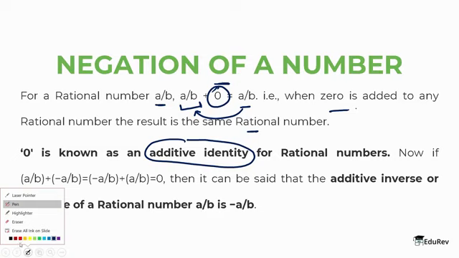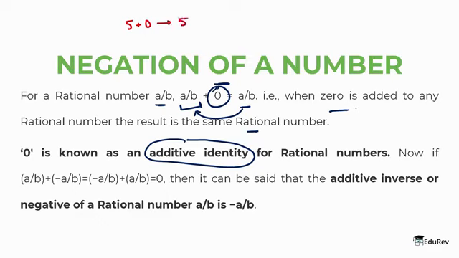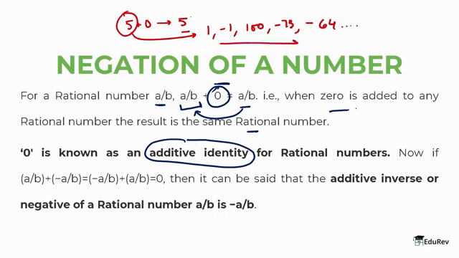For example, if I take any number, let's say I take 5. If I add 0 to 5, then my answer is also going to be the same number which I originally took, that is 5. And in place of 5, I can take any number: 1, -1, 100, -73, -64, etc. Whenever I add 0 to that number, my answer will be the number itself.